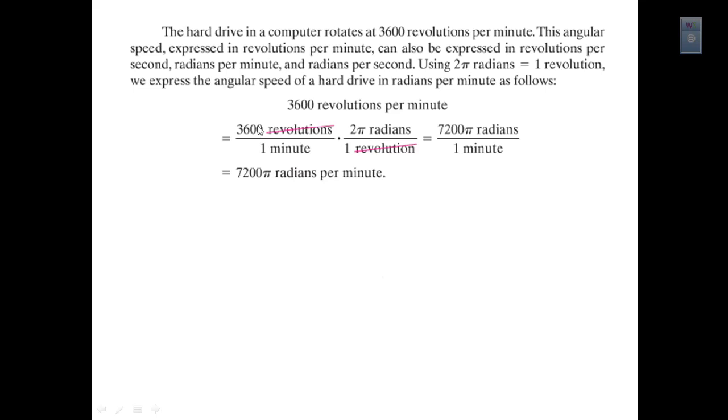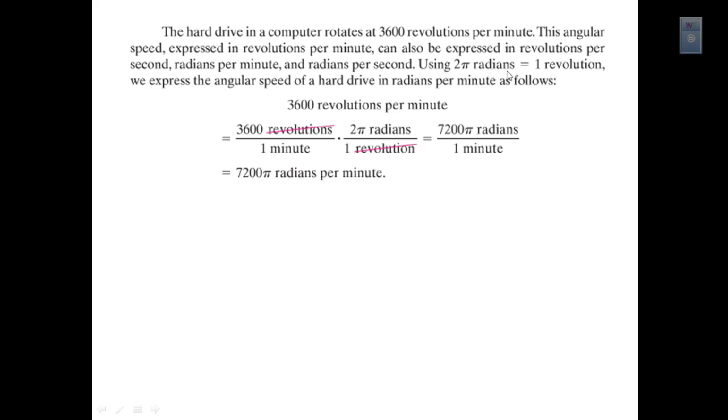So the hard drive in a computer rotates 3,600 revolutions per minute. This angular speed, expressed in revolutions per minute, can also be expressed in revolutions per second, radians per minute, and radians per second.